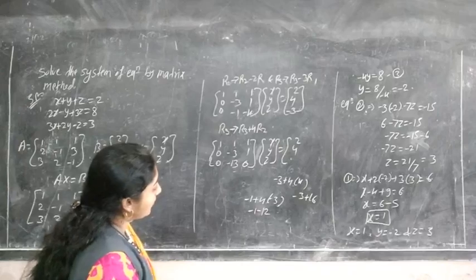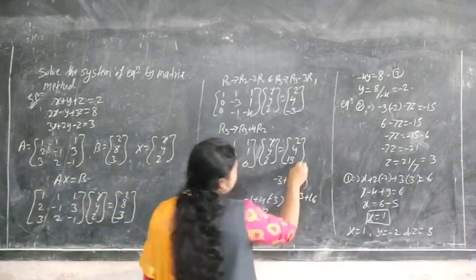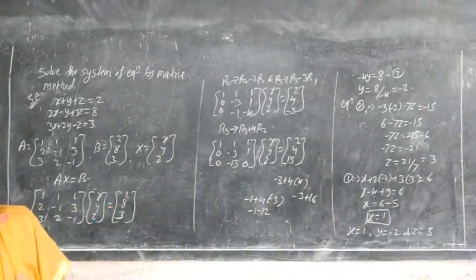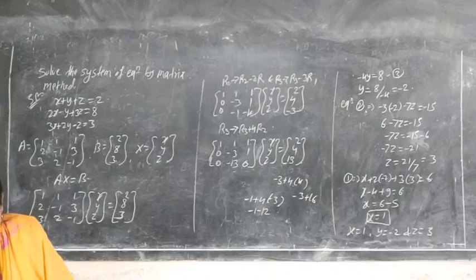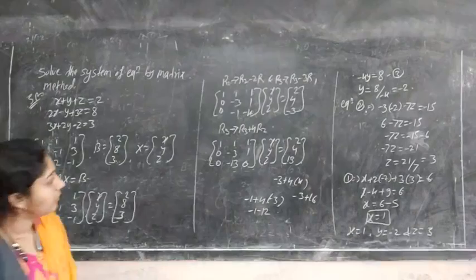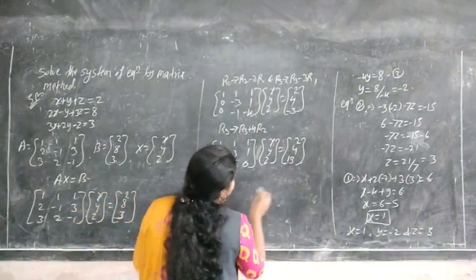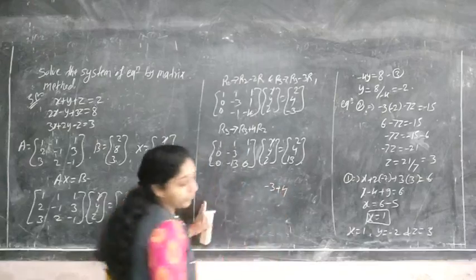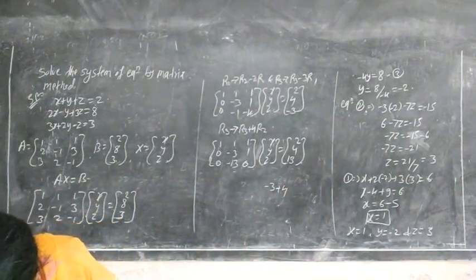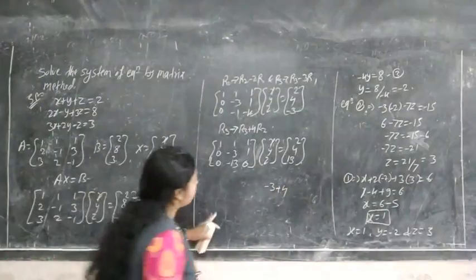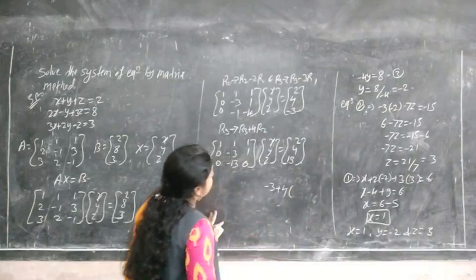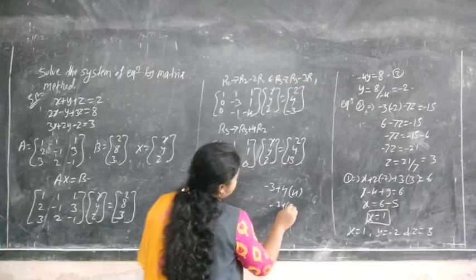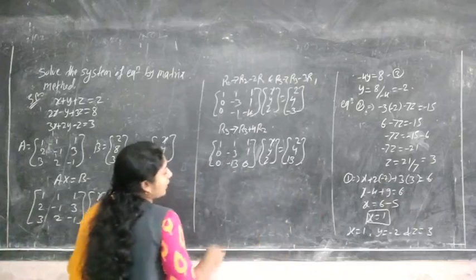So -3 plus 16 is plus 13. Okay, plus 13. Okay. Now write this down in equation form.